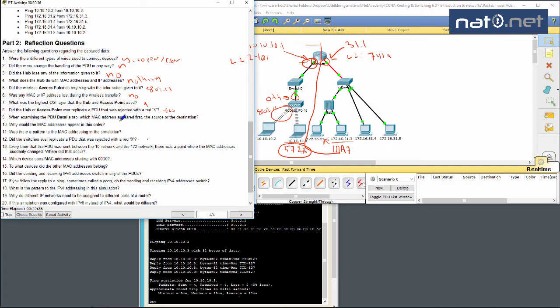When examining the PDU details, which MAC address appeared first, the source or the destination? We did not look that deep into that, but you can scroll back to reverse the video and look at when I showed you the PDU details, that in the header format the destination is first. So the destination layer 2 address comes first in the layer 2 header. And why is that?